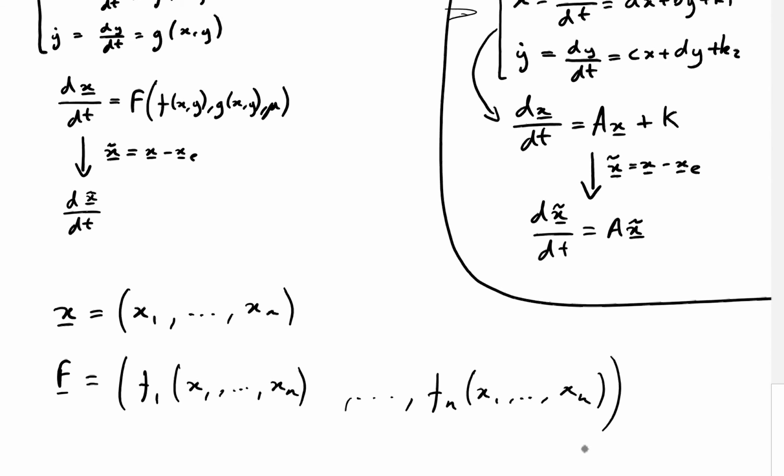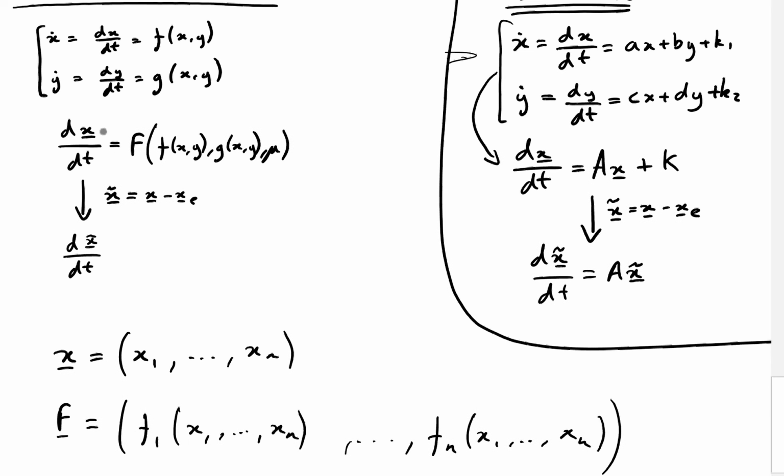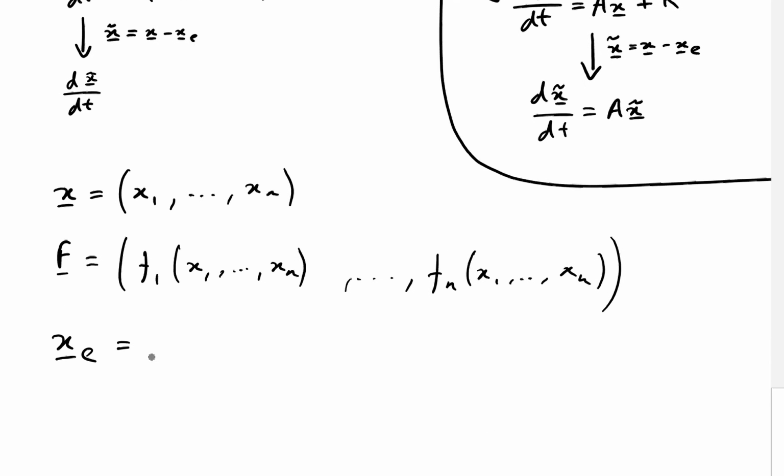And then also we can derive the equilibrium points by setting all of our dx by dt equal to 0, and then we can get our equilibrium points out. And how many equilibrium points are there going to be? Well, one for each dimension, and there are n dimensions, therefore there's going to be n equilibrium points: xe1 right the way through to xen.